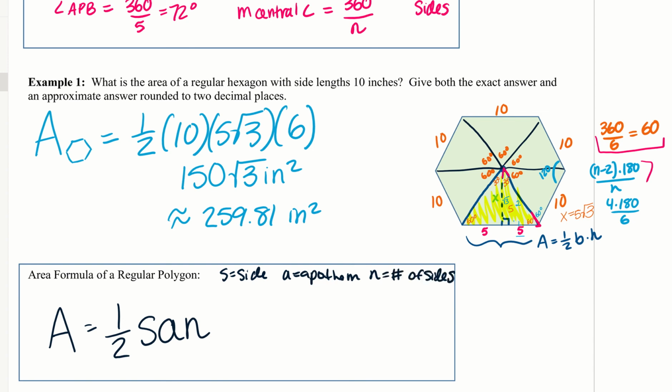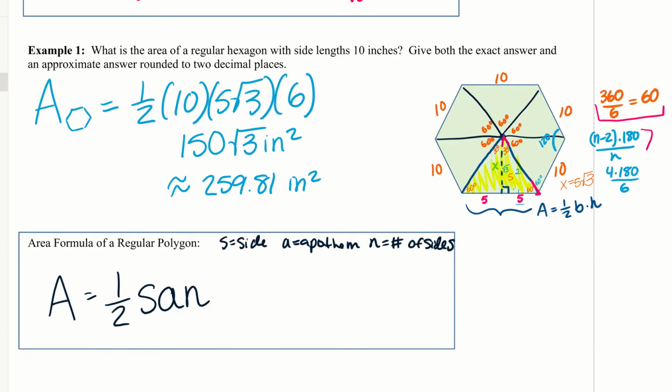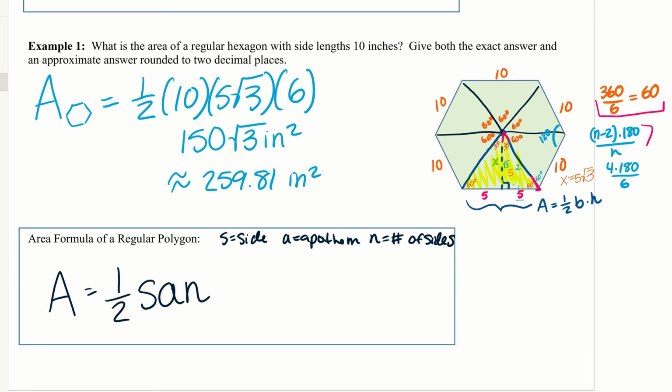Now it's important to note that if we were to take the number of sides and multiply it by our side length, that would give us our perimeter. So for example, in example 1, if I have side lengths of 10 and I have 6 sides, then that means my perimeter is 60. So instead of doing SAN, I could also say that my area of my polygon is equal to 1/2 my perimeter of my shape times my apothem.